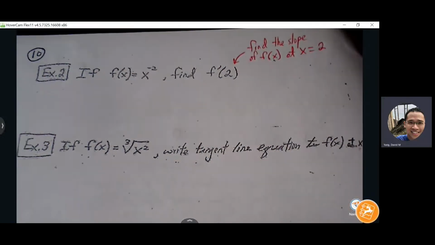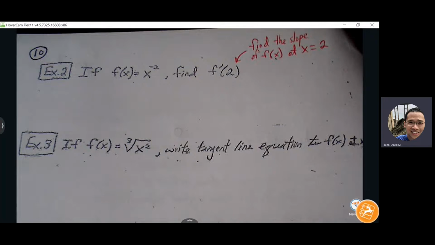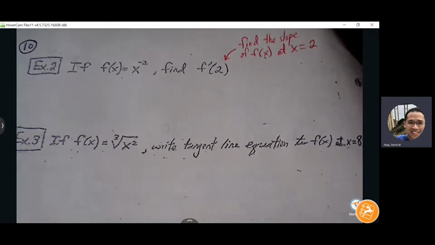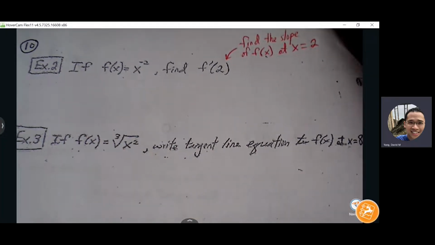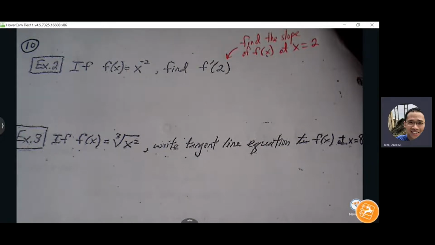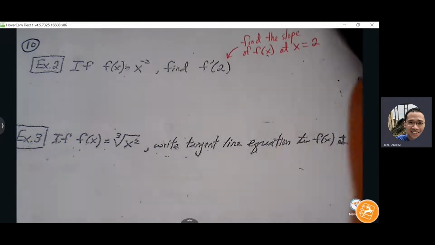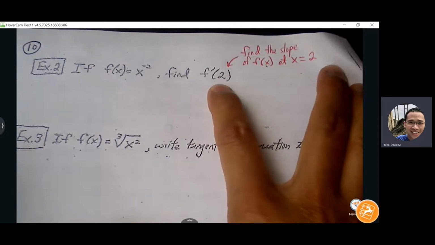Okay, that's what that notation means. But what it also means is that this is going to have to be a two-step process. We first have to find the what? Derivative function, and then we can evaluate the derivative and find the slope. So we need to first find f prime of x before we can find f prime of 2. So we don't want to try to do this all in one step.